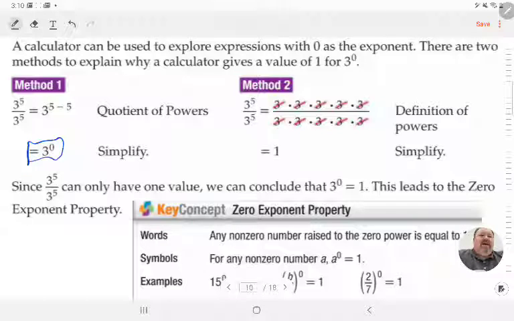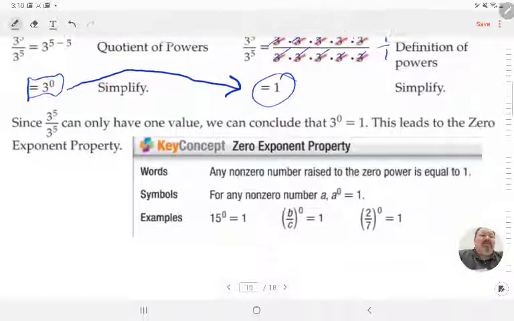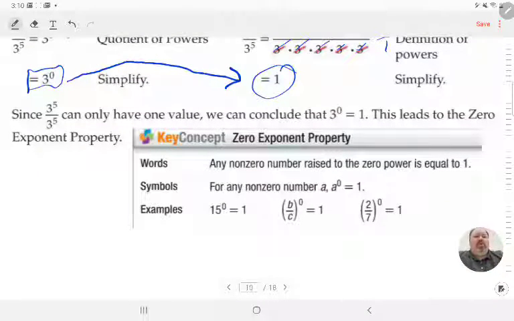Now let's write that out as 3 times 3 times 3 times 3 times 3, 5 threes, in the numerator and the denominator. When you simplify that down, you end up with 1 over 1, which is 1. So therefore, 3 to the 0 power is the same thing as 1. Okay? So anything to the 0 power, anything, will be 1.